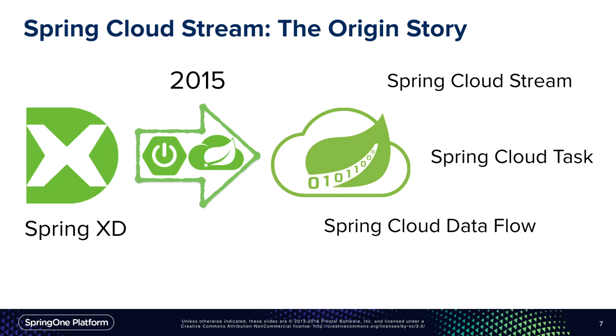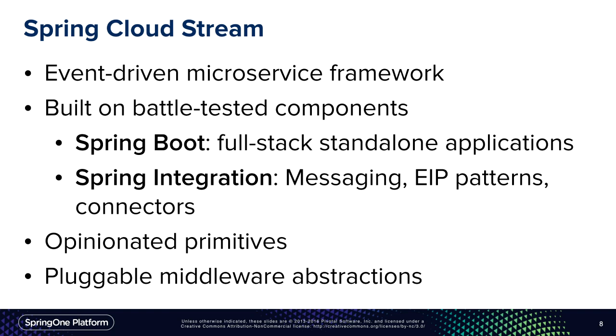Spring Cloud Dataflow, let's say, is the orchestration layer. Spring Cloud Stream is the programming layer to some extent for the individual applications that make up the streams that Spring Cloud Dataflow deploys. And in a way, Spring Cloud Stream has taken a life of its own.